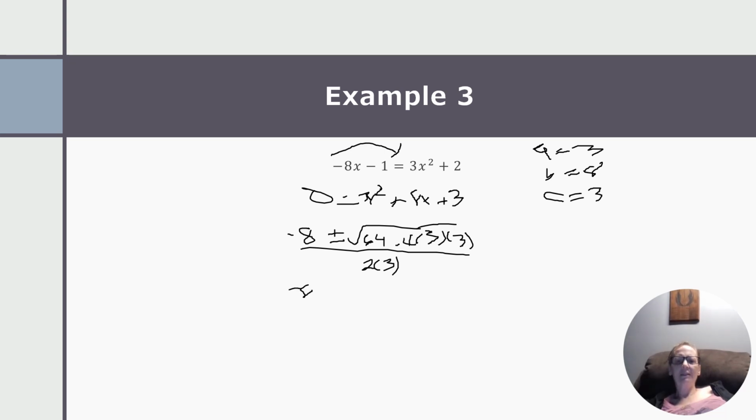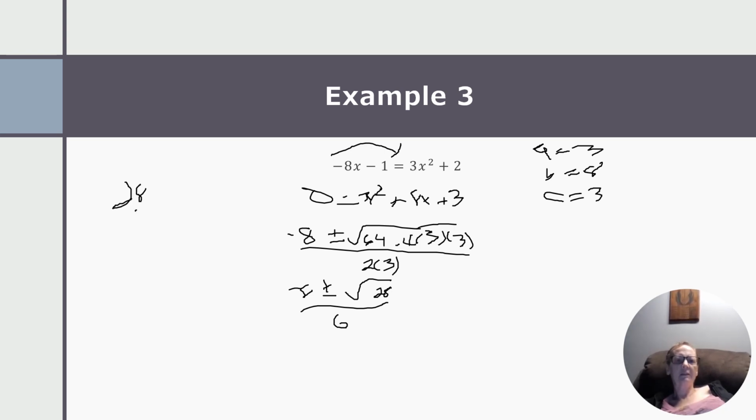All right, so let's simplify things. So negative 8 plus or minus, we have 64 minus 4 times 3 is 28, all over 2 times 3, which is 6. So 28, I believe, can be simplified, I think.